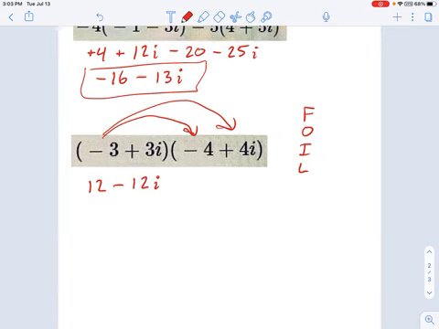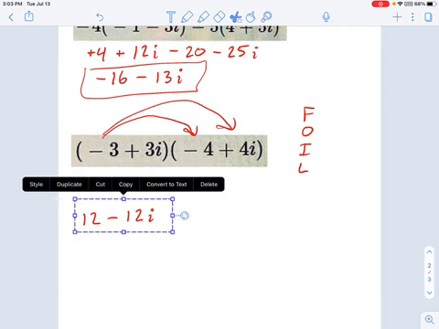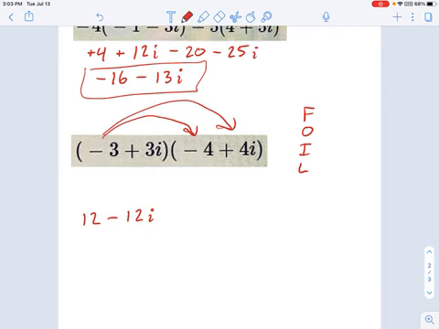And then we have these inner terms. Positive 3i times negative 4 makes minus 12i. And then the last terms, the rightmost terms, 3i times 4i gives you 12i squared. And we're going to combine like terms, just like before. We have a pair of i terms.